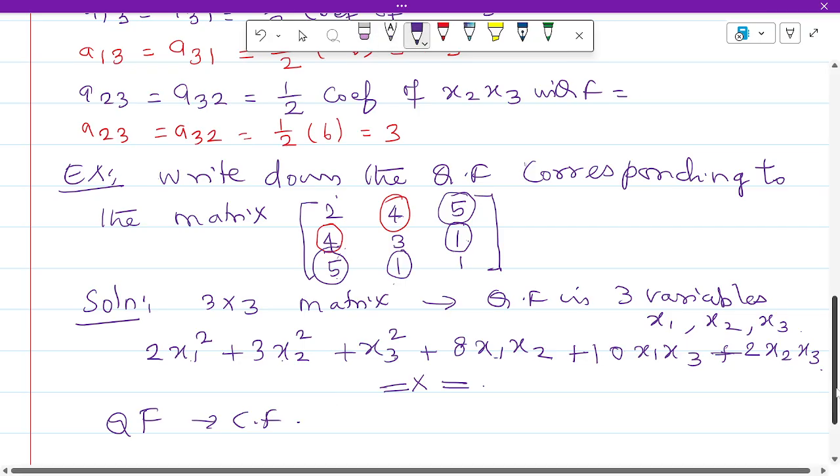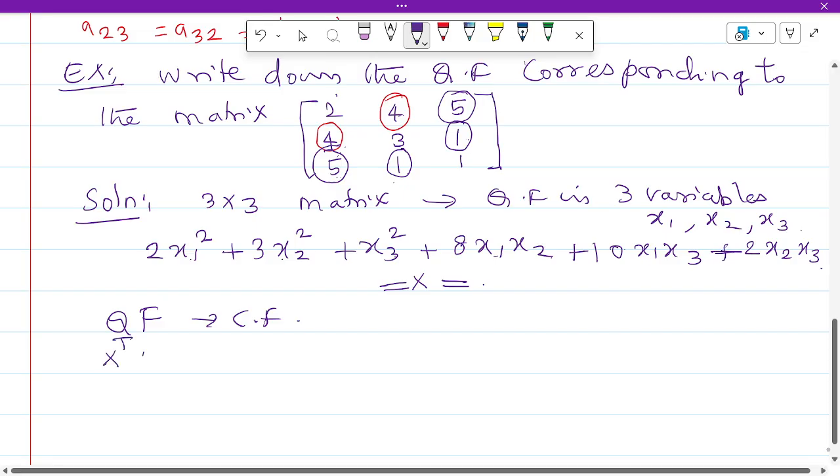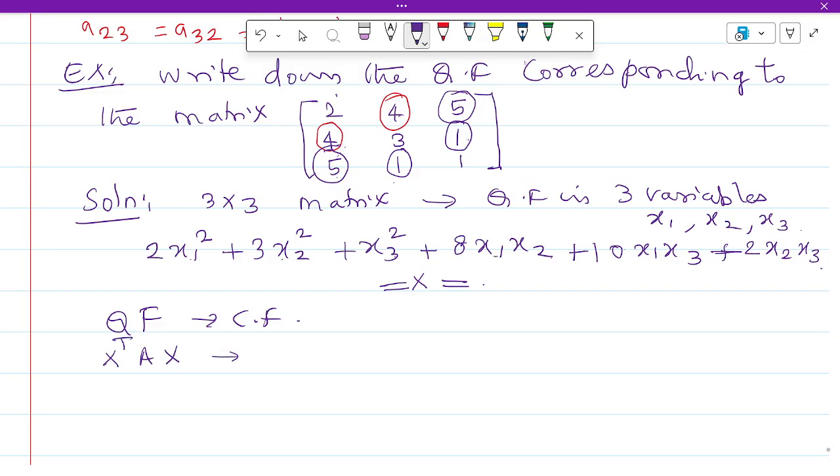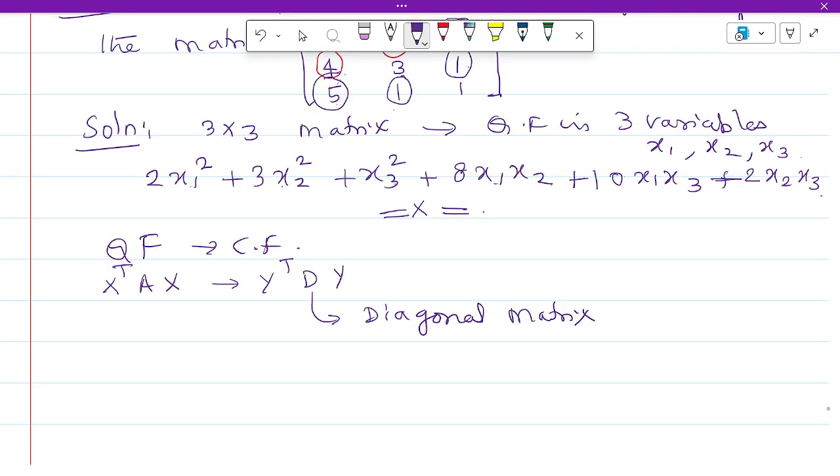The quadratic form X transpose AX is equal to the canonical form Y transpose DY. Actually, the D is there, the D is the diagonal matrix.